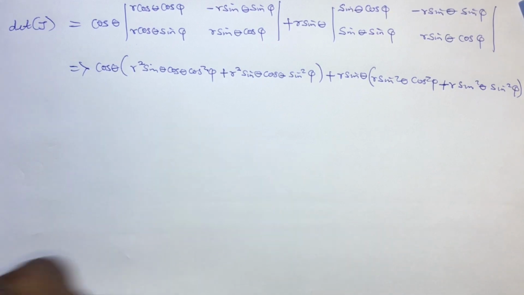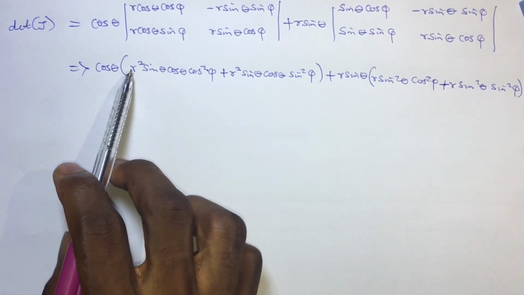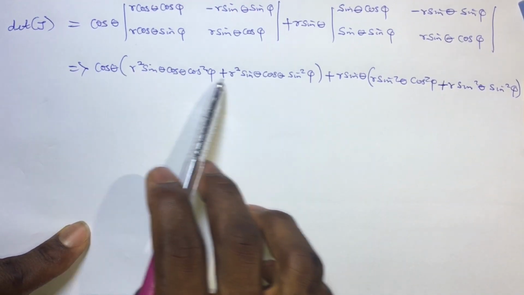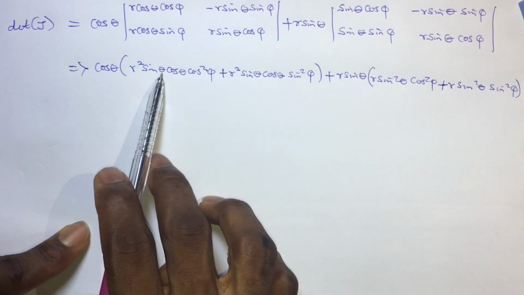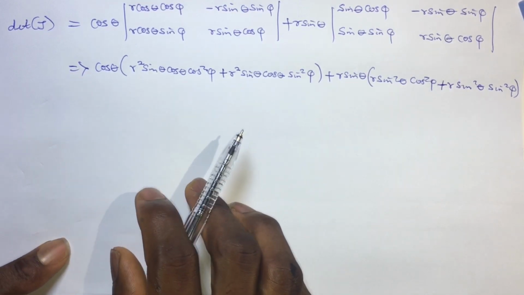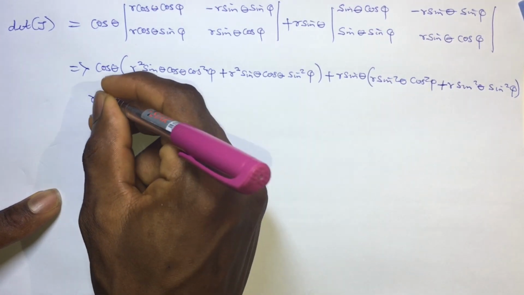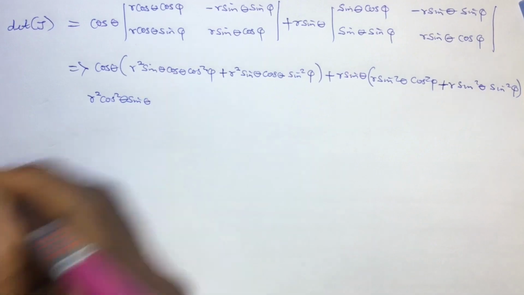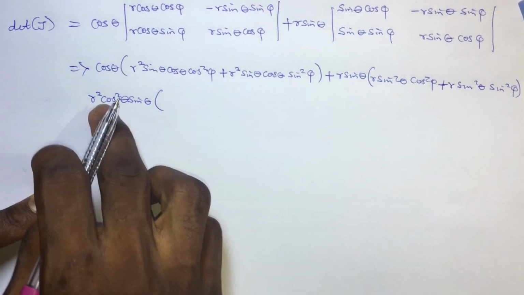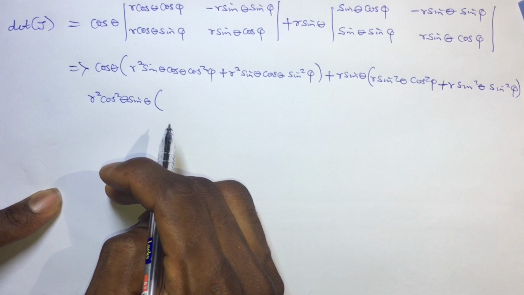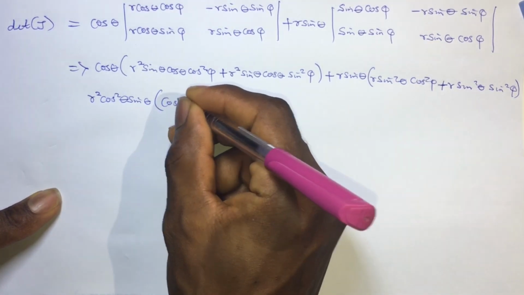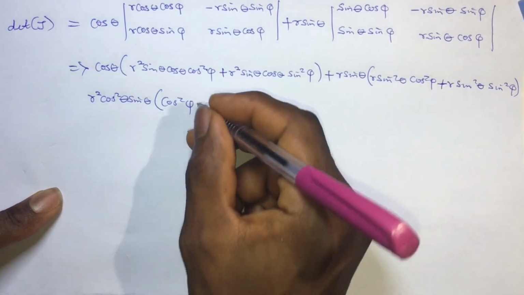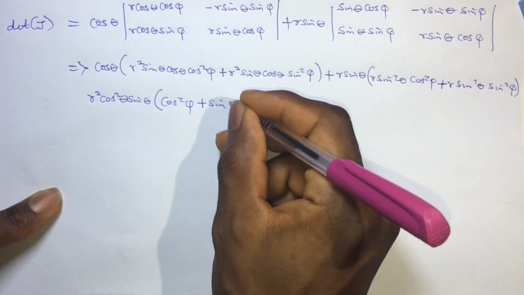Now by factorization, I can notice that r squared is common here, and also sin theta cos theta is also common here. So by factorizing, I have r squared cos theta sin theta. Now when I factorize this from this, I have left cos squared phi. And when I factorize this from this, I have plus sin squared phi.